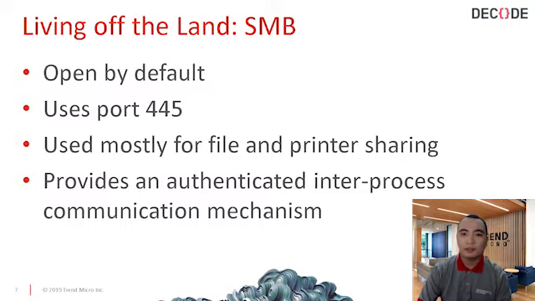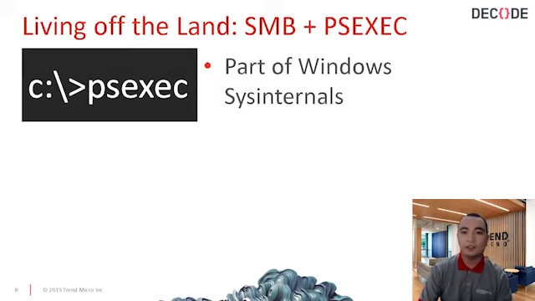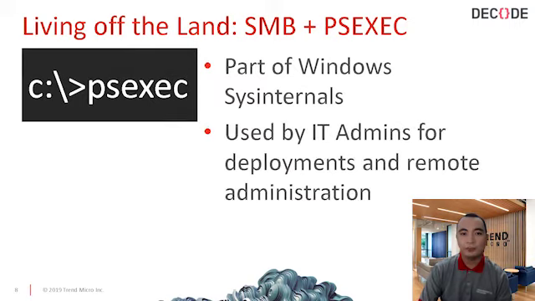For example, you could use SMB in executing PsExec. If you're familiar with PsExec, it's part of Windows Sysinternals and mostly used by IT admins for deployments and remote administration. It actually uses SMB to remotely execute commands.